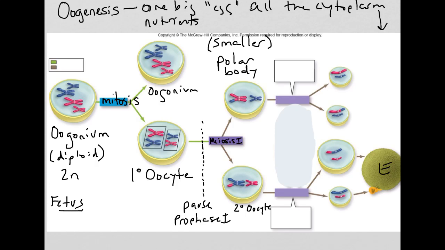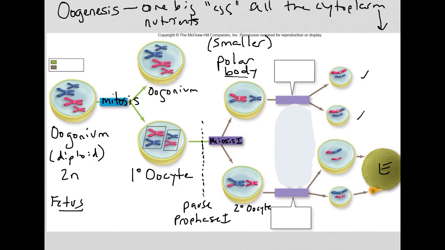And the other ones, these other small things, which we're going to call polar bodies, are kind of like garbage cans. We have to go through meiosis to have the right number of chromosomes, so we have to do this process, but we don't want to use those other chromosomes. So polar bodies are like garbage cans for extra chromosomes.